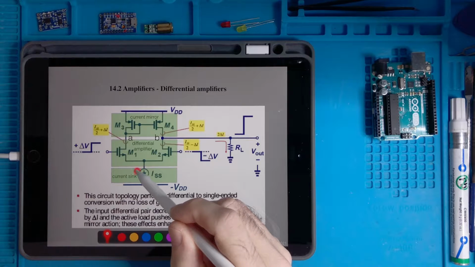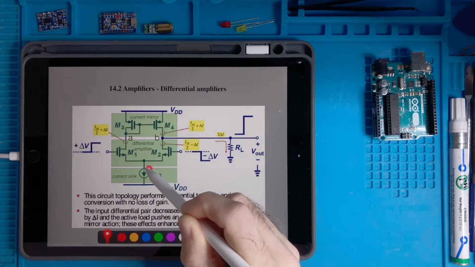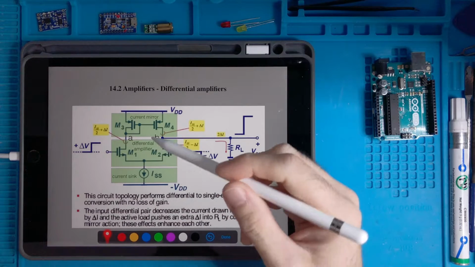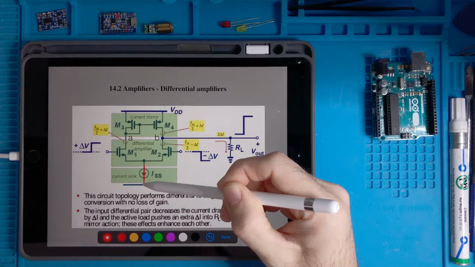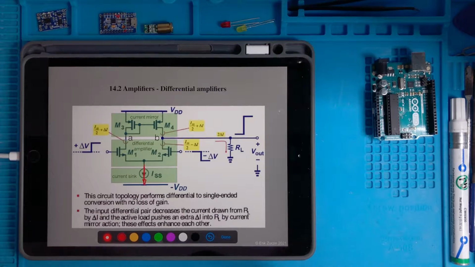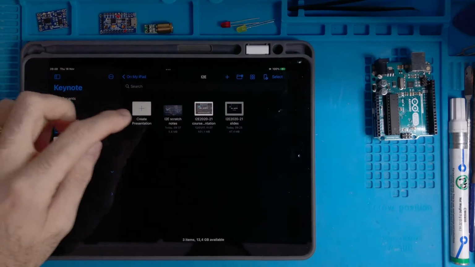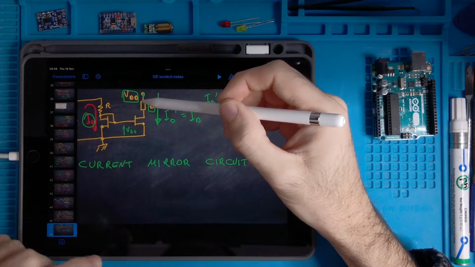So at the bottom we have a symbol that basically summarizes this current mirror circuit we studied so far. So this branch here is the one that corresponds to this one here.